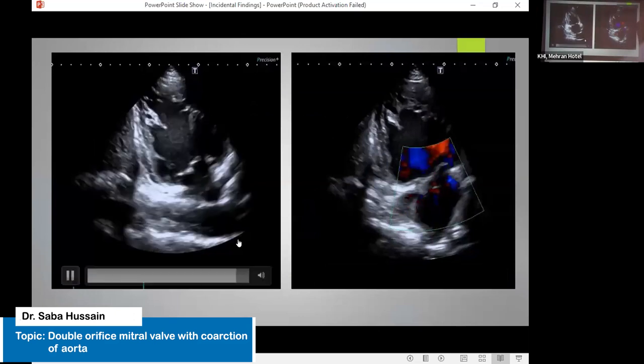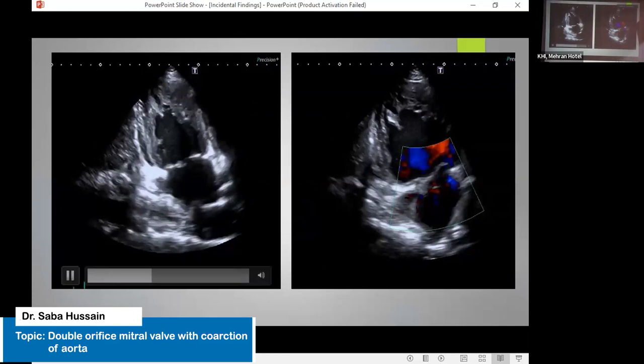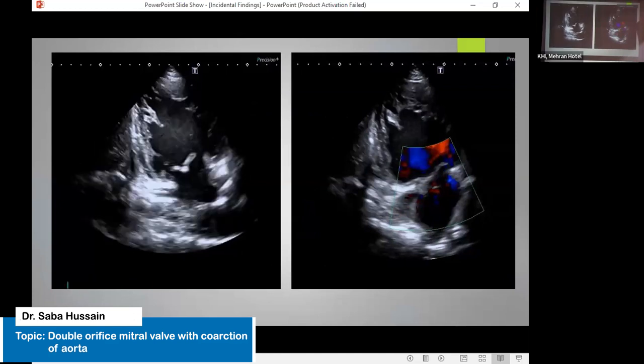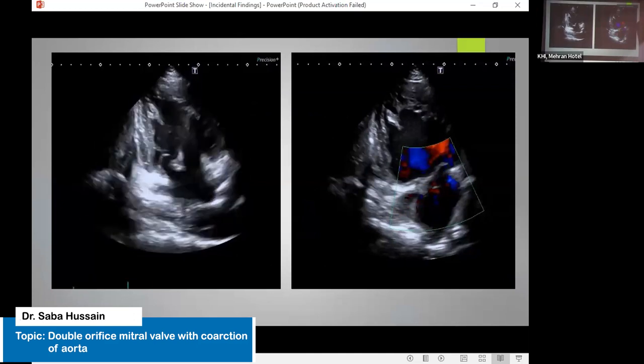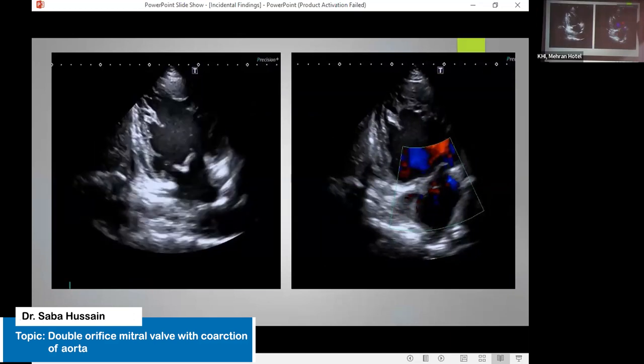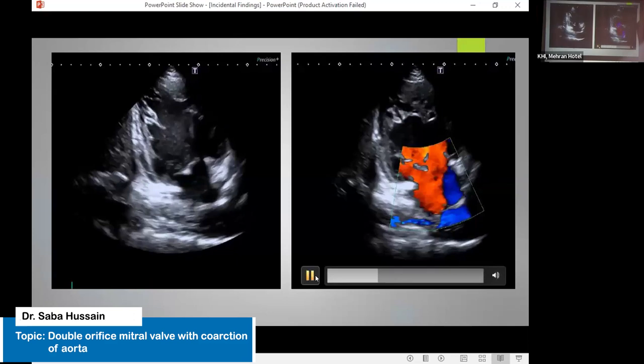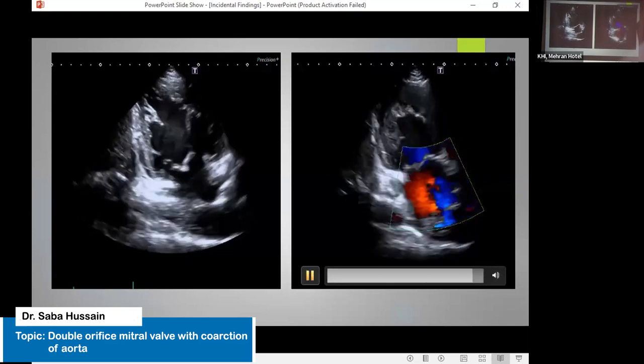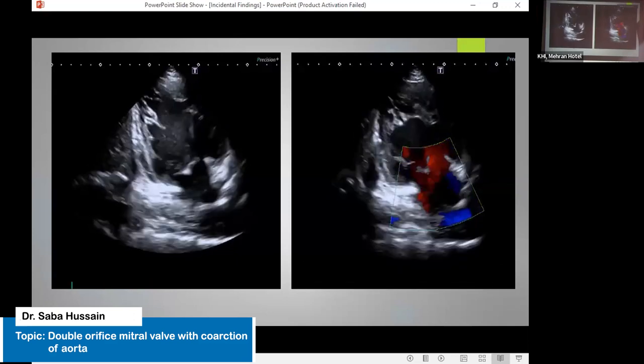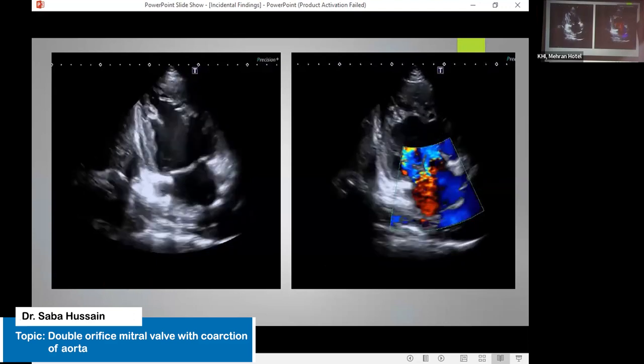When you go into some modified views, they were also available in the initial views, but they were not that much clear. So we got this thing. Can anybody comment on it? Double orifice mitral valve. Okay, fine. I'll show you more views about it.